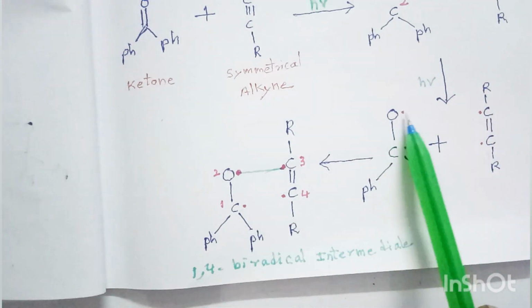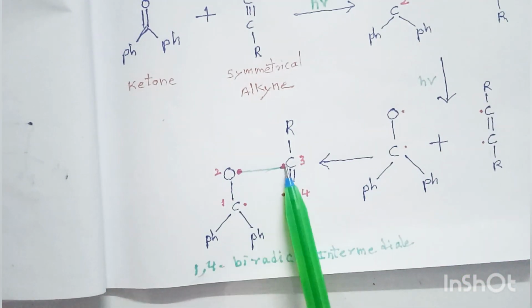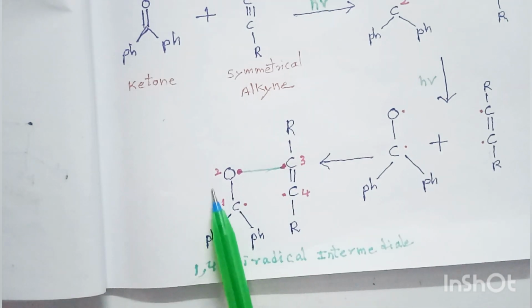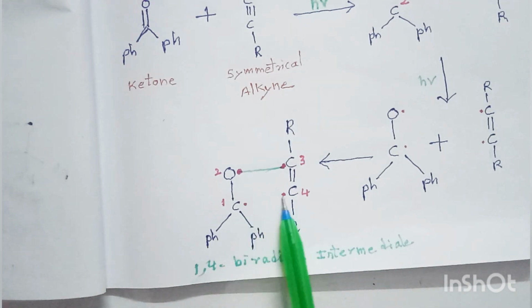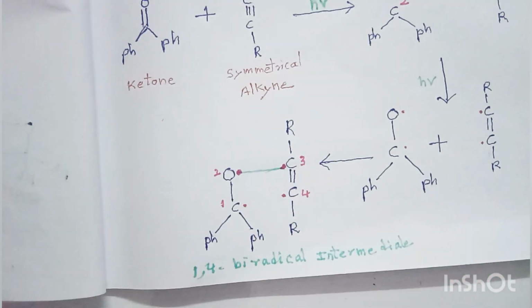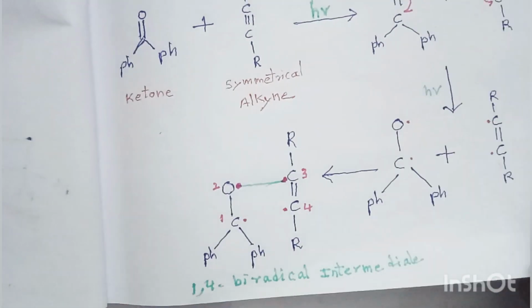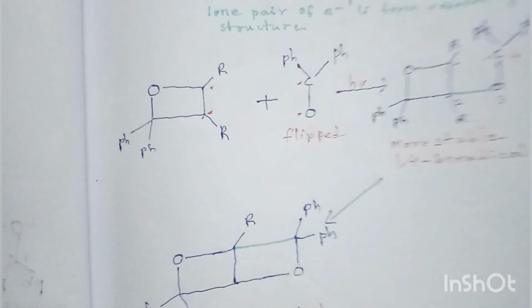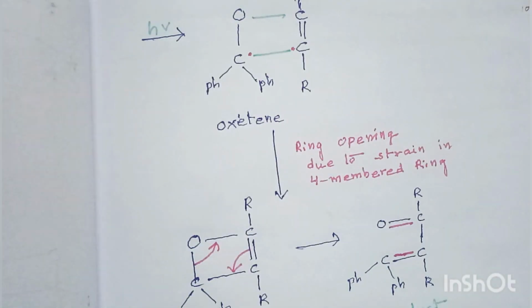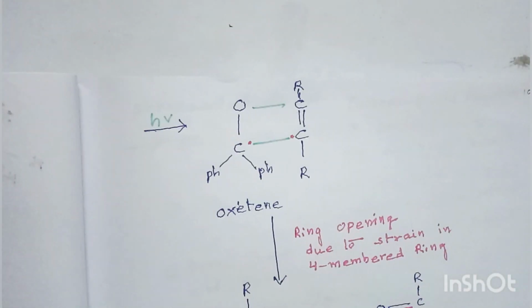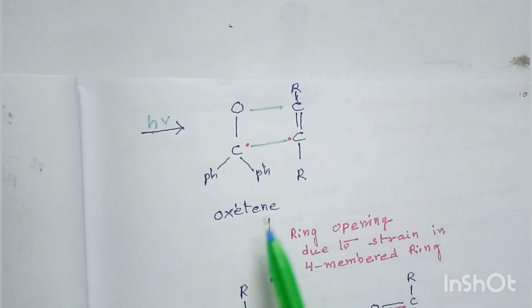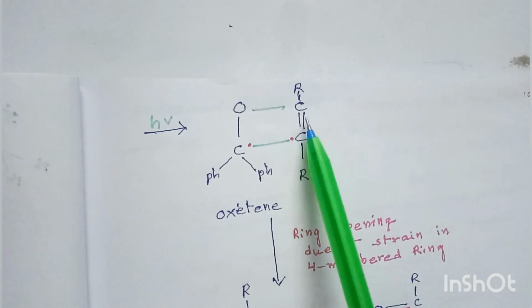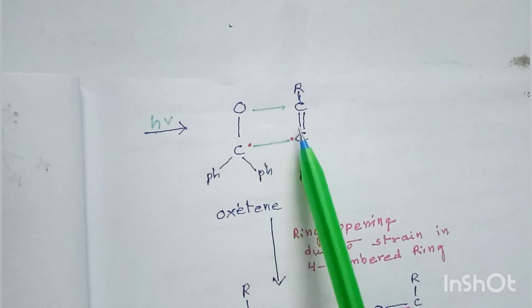When these oxygen and this carbon atom combine, we get a 1,4 biradical intermediate. In the next step, these two radicals will join to form a oxetane ring, that is oxetane with a double bond in the ring. This reaction will not stop here because a double bond puts strain on the ring.